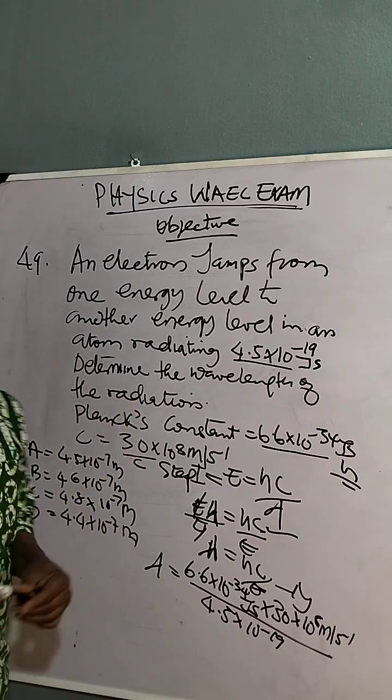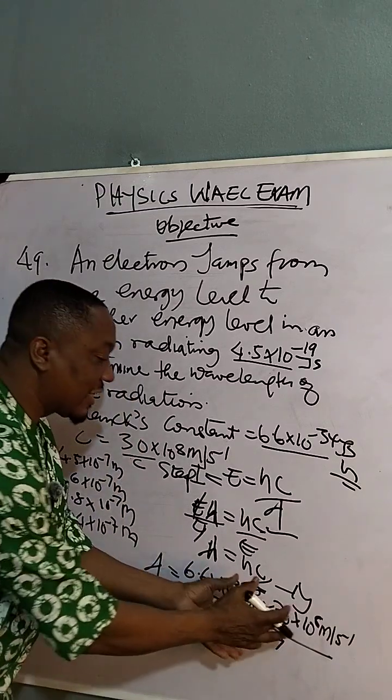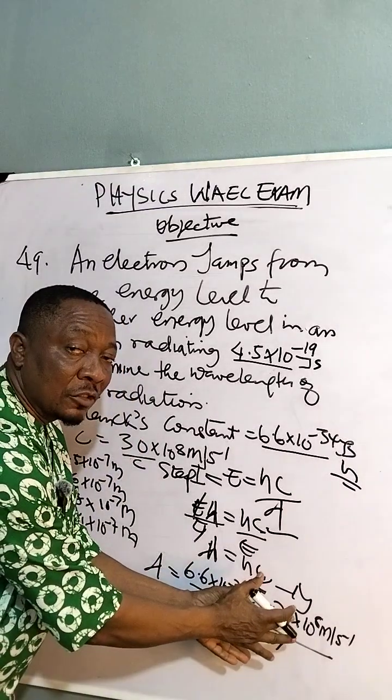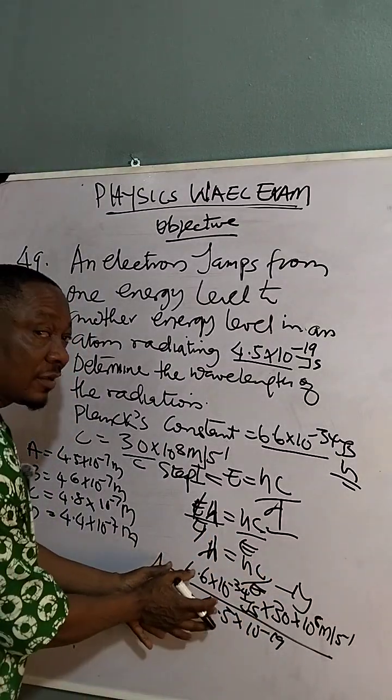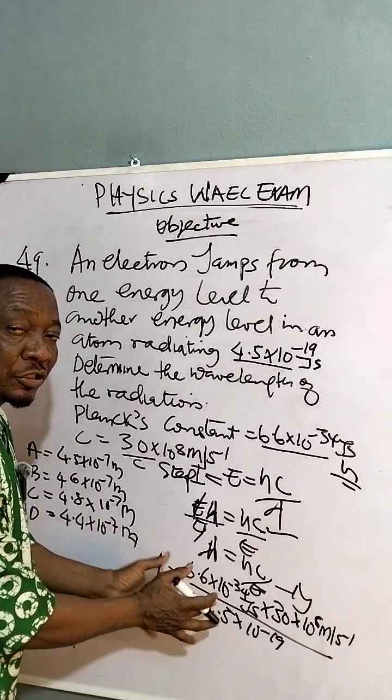I told you, when you are solving this, you take the powers of ten to one side and solve the decimal numbers on the other side.